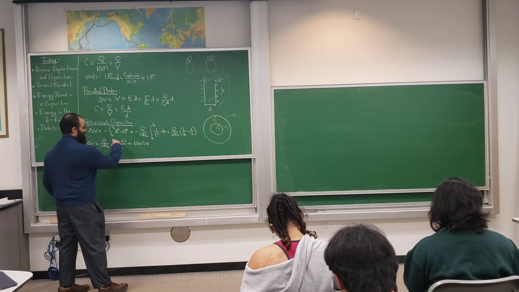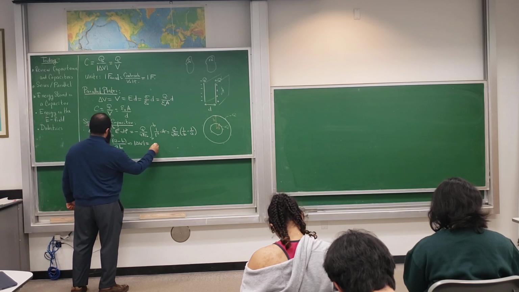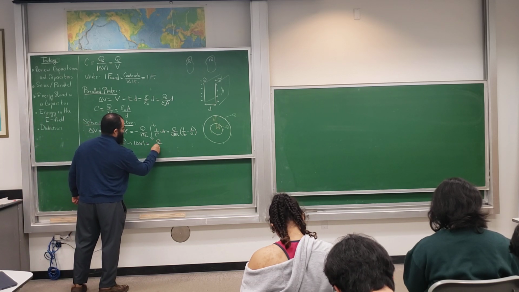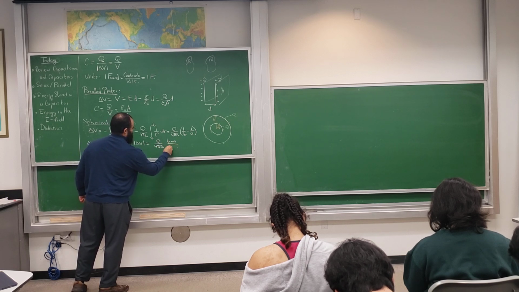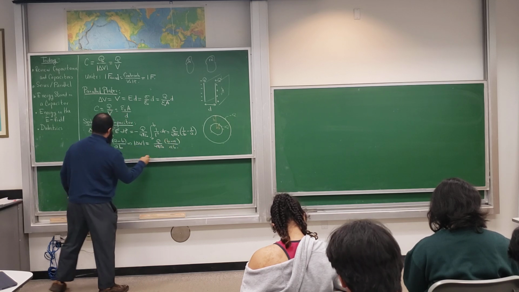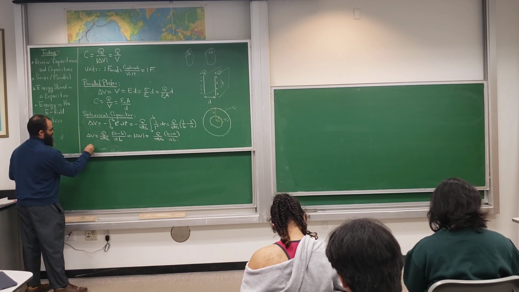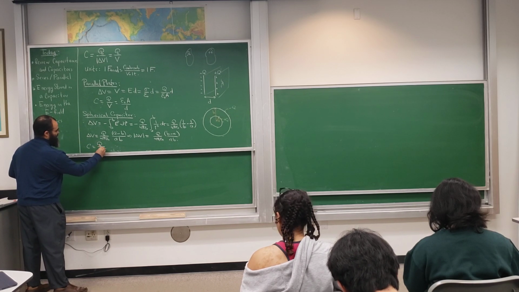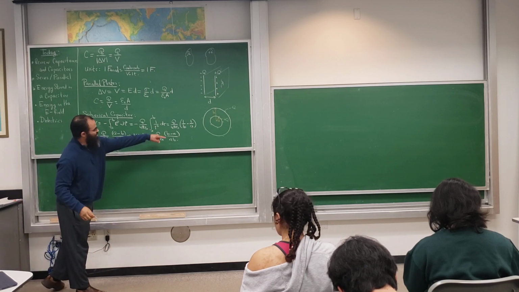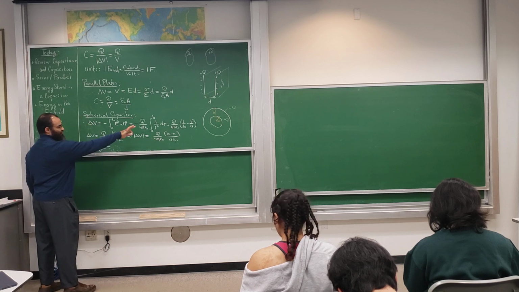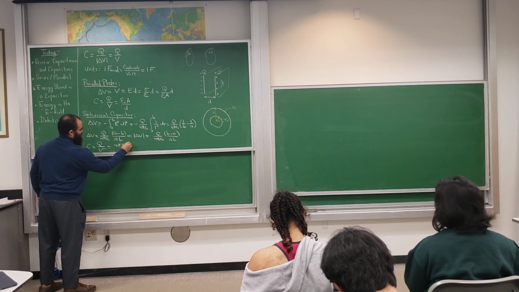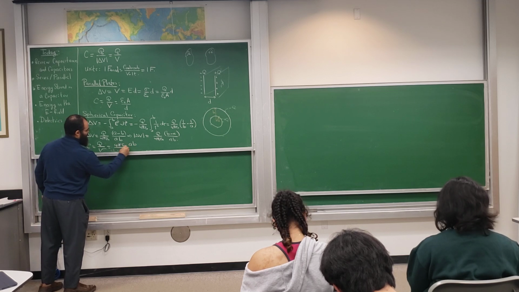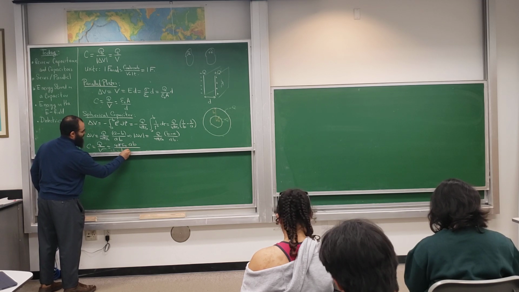So you put a minus sign in front, or just switch the B and the A. So you get Q over 4 pi epsilon naught times B minus A over A times B. And so the capacitance, which is Q over V: Q cancels, and you get 4 pi epsilon naught times A times B divided by B minus A.